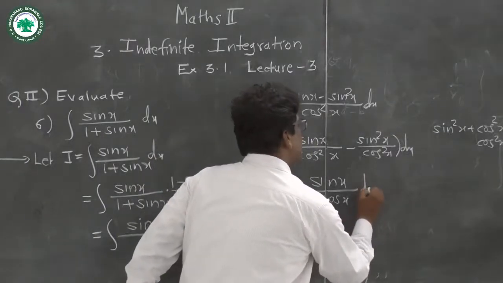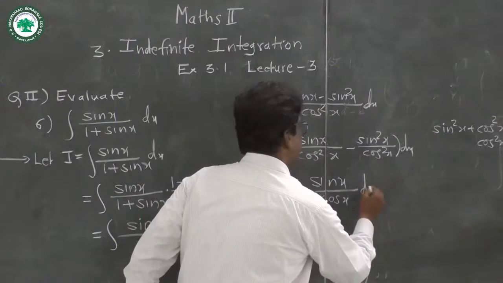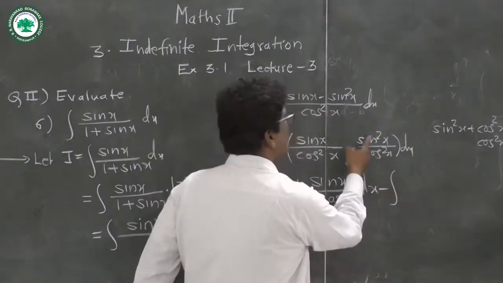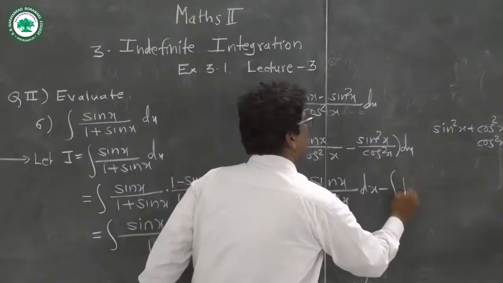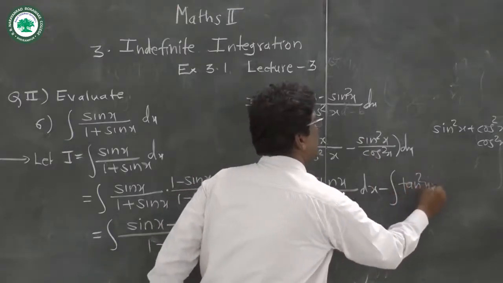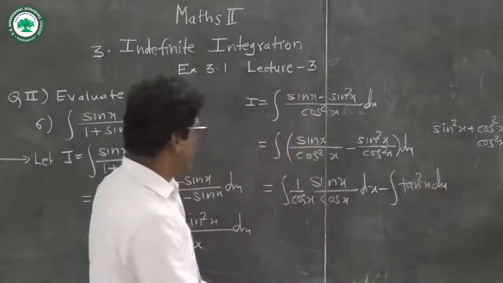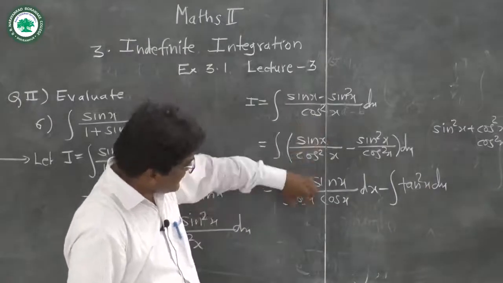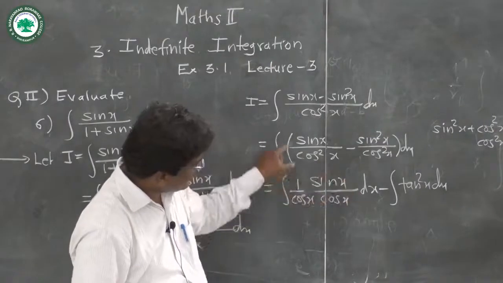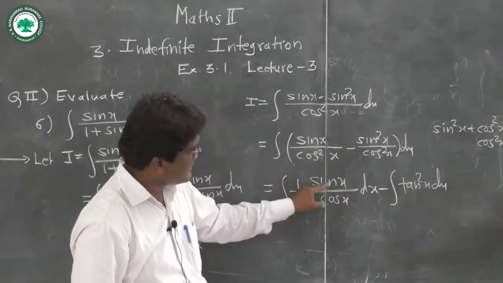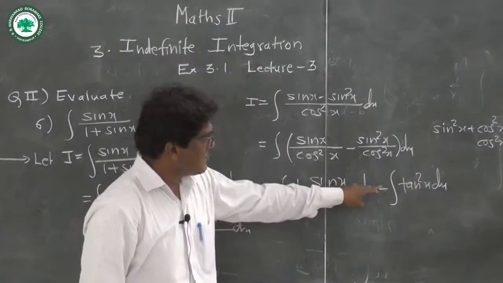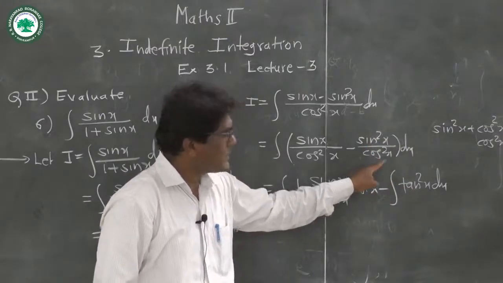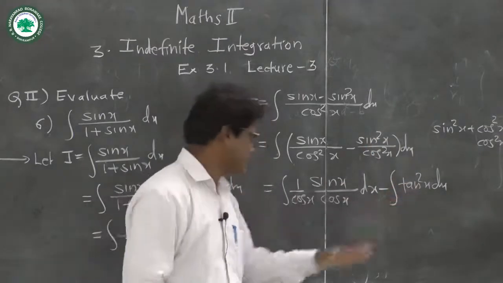So we write integration of 1 upon cos x into sin x upon cos x dx minus integration of sin square upon cos square x, that is tan square x dx.